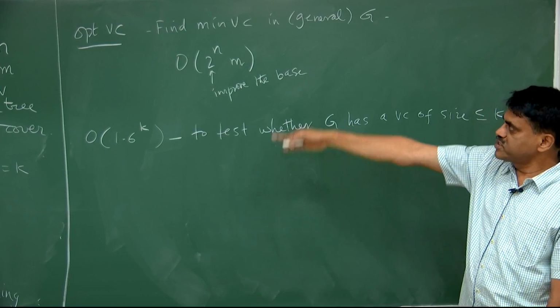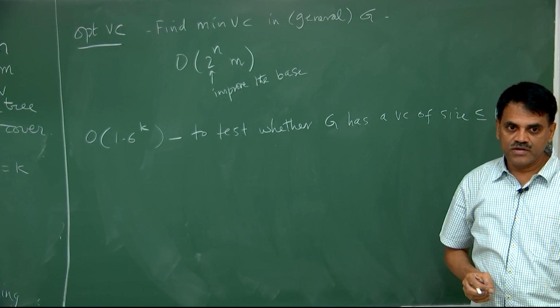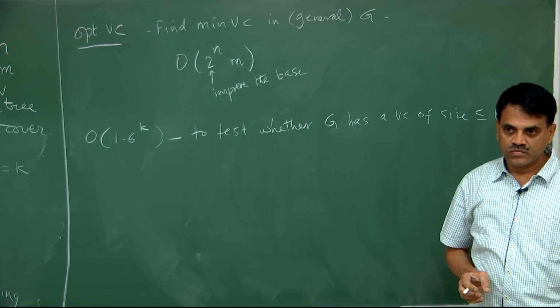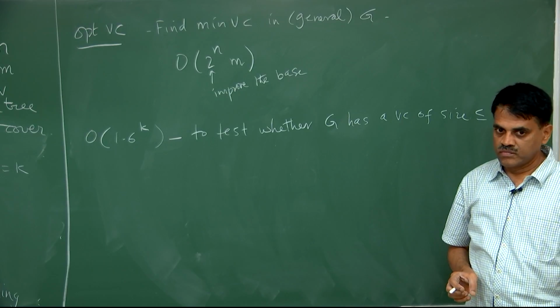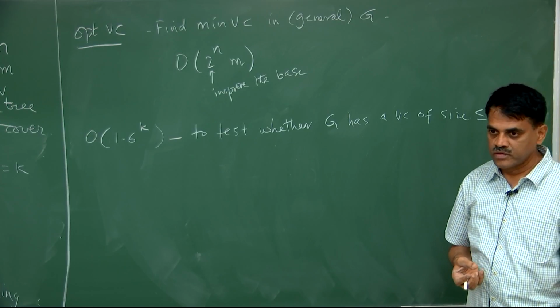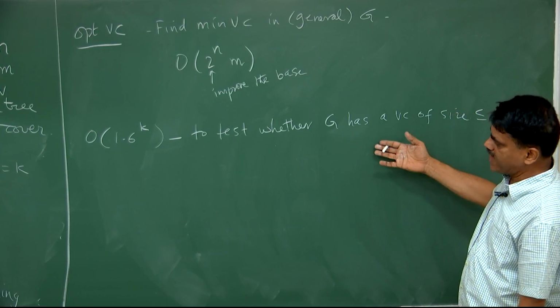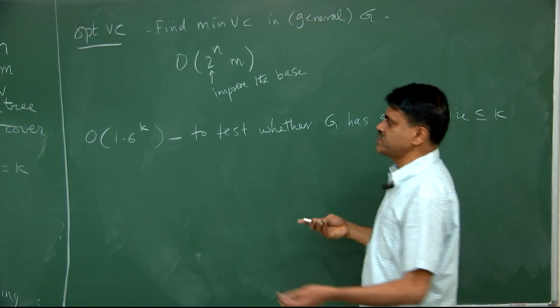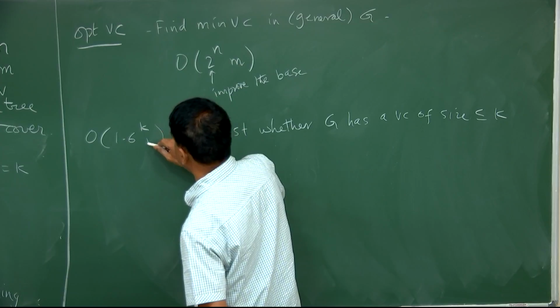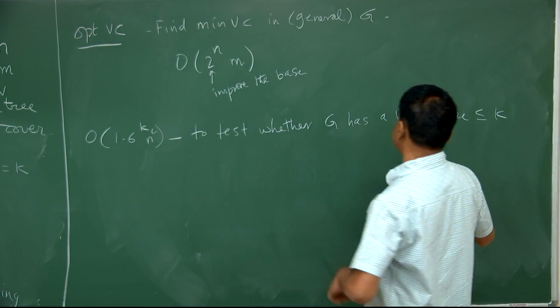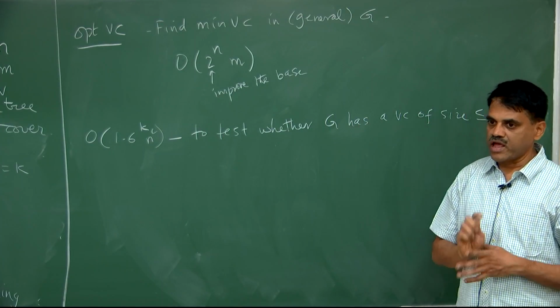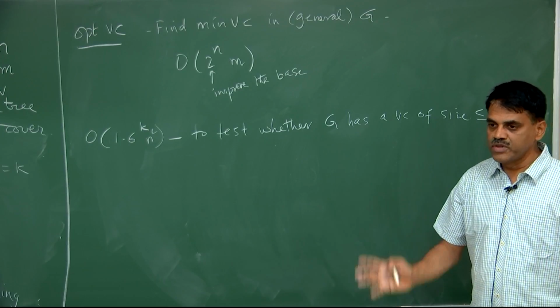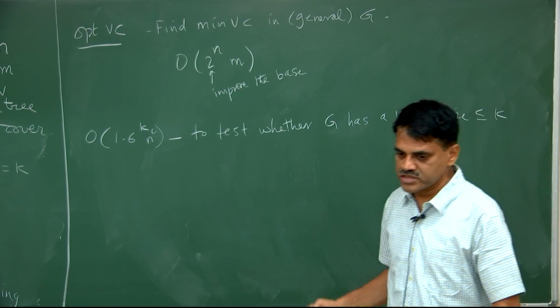Can I not use this to get the minimum vertex cover? If you give me a k, in 1.6 power k times some polynomial in n, I can tell you whether G has a vertex cover of size at most k. But I actually want the minimum vertex cover. So how can I use this?